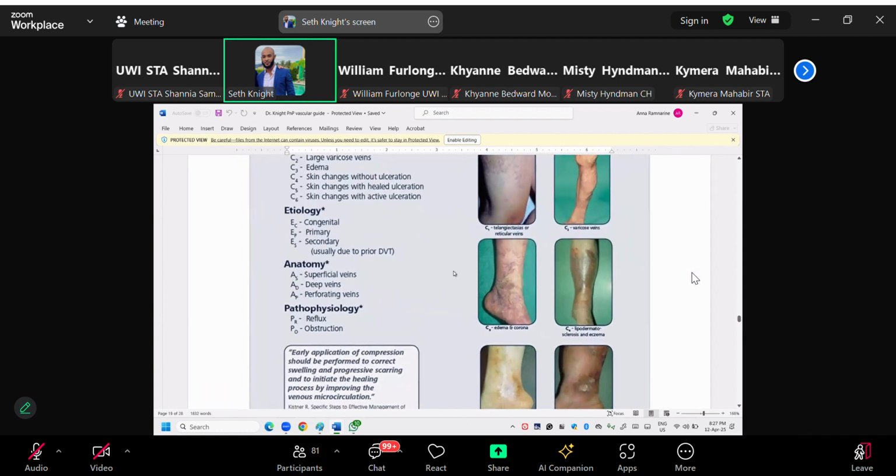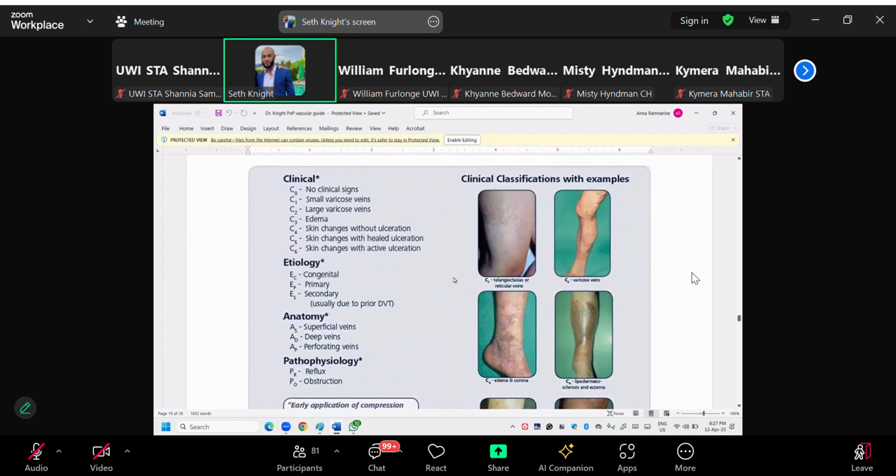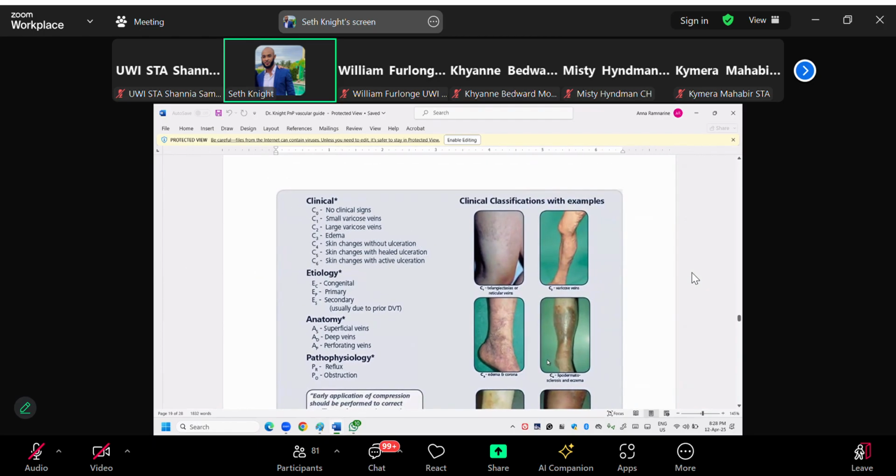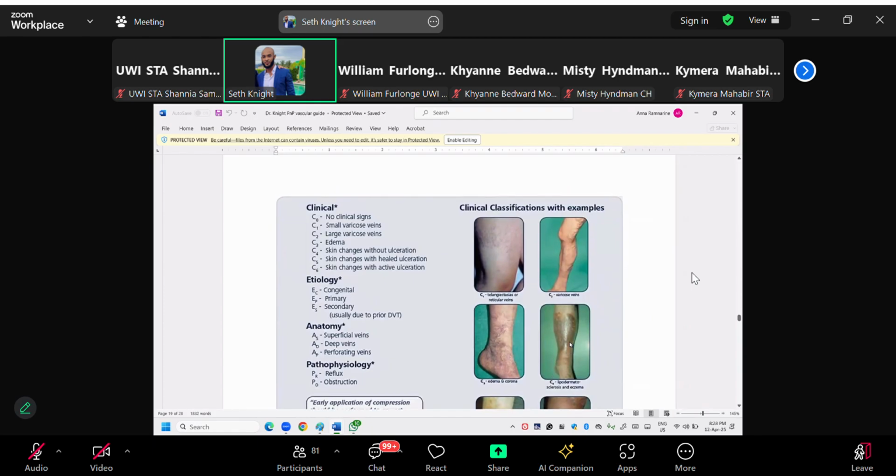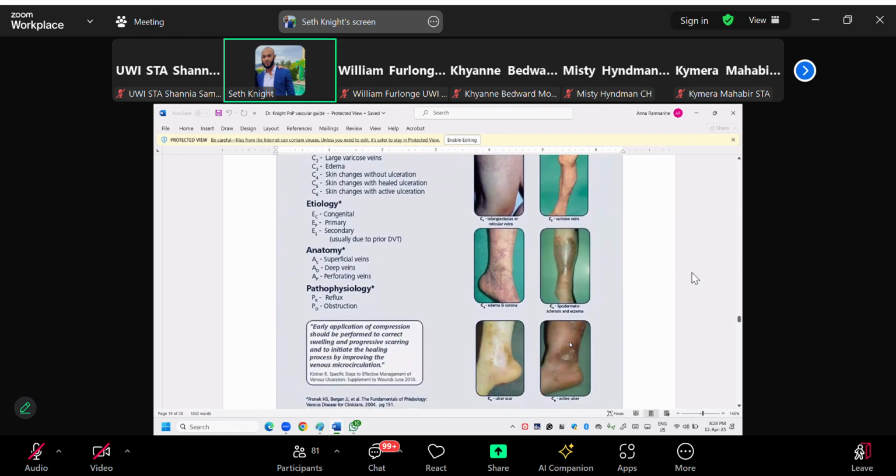And so this picture has a nice little synopsis of what it looks like. So C3 is where you have venous edema, C1 is the telangiectasia, C2 is the obvious varicosities, C4 is where you have skin changes with the inverted champagne bottle appearance, which you all should know about. C5 is a healed ulcer, and C6 is an active venous ulcer.